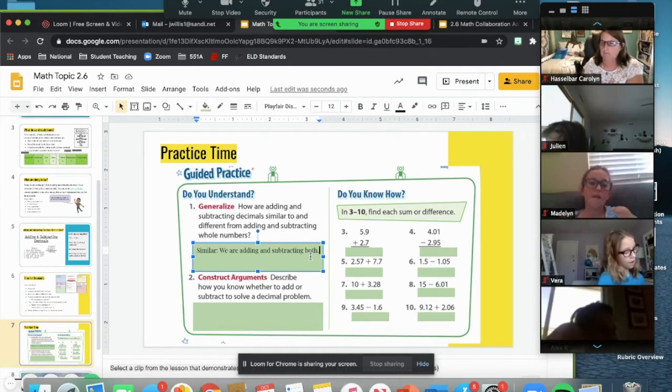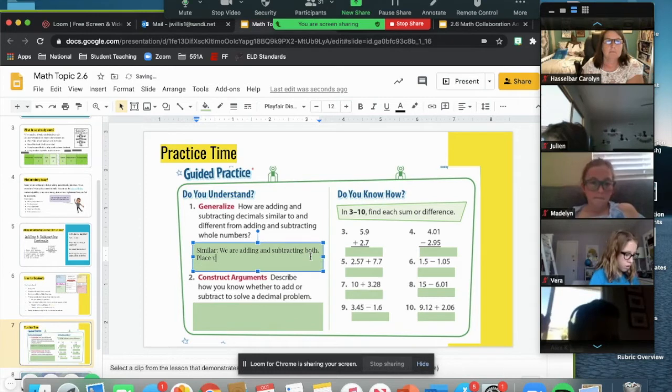Okay, kind of. I hear what you're saying. So we add and subtract both. Place value is important. That might be something that we put when it comes to it being different.